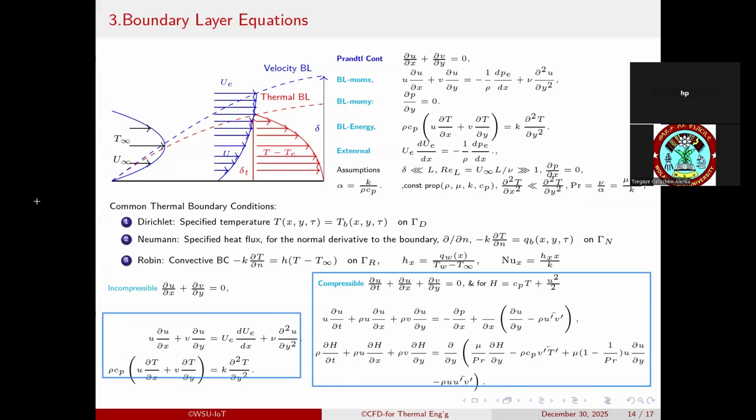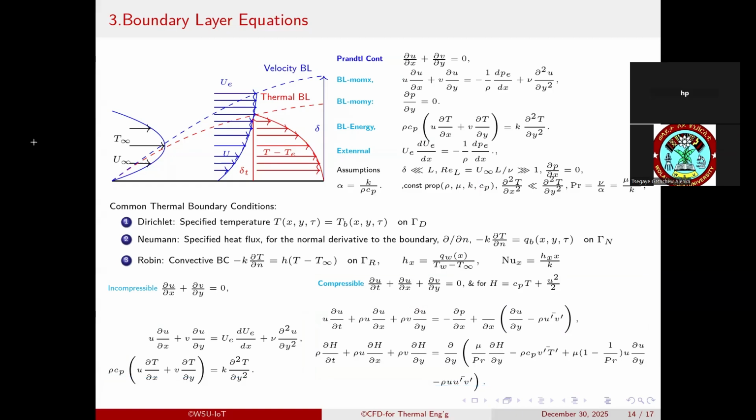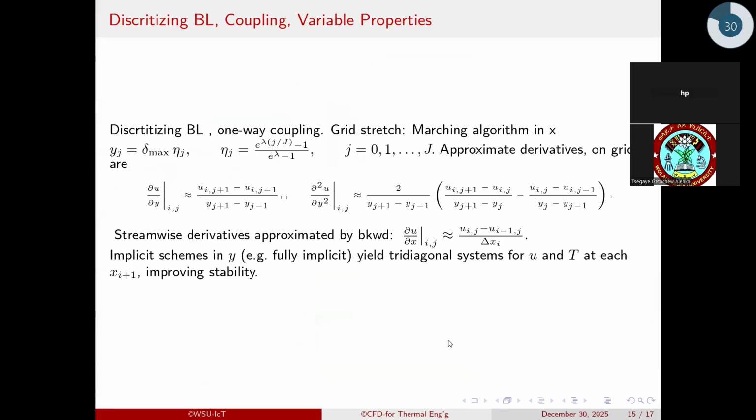Let's see discretization and grid resolution for the boundary layer grid briefly. Space near y equals 0 is refined for resolving velocity evolution and momentum energy coupling.